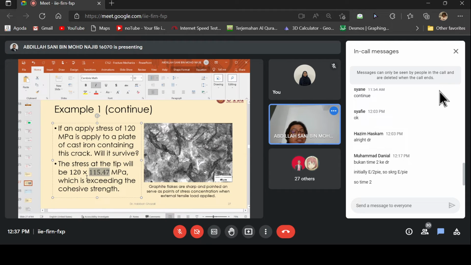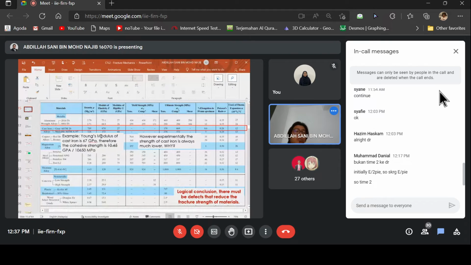If you still remember, we calculated the cohesive strength earlier, and it is very high, because we have this formula using the Young modulus, which is 20,000-something megapascal. So how can the material break? You have a very high cohesive strength.